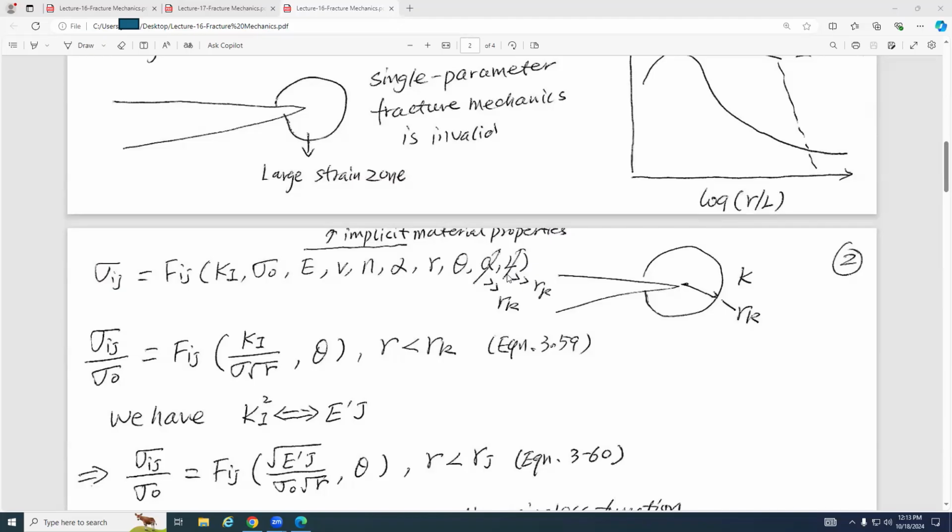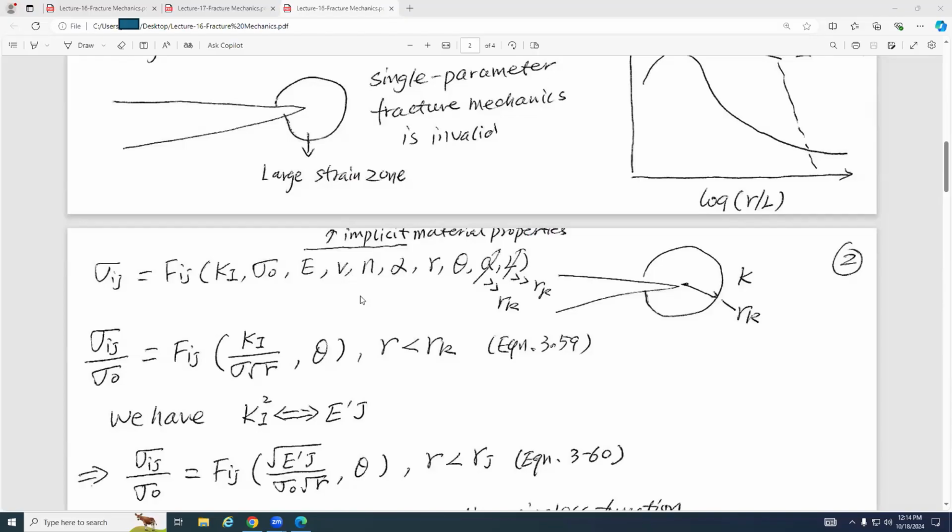You understand, guys? So for any fracture problem, we can denote this stress field sigma ij using this equation, Fij. But in addition to Ki and sigma zero, E, nu, n, alpha are implicit material parameters and we just ignore them.